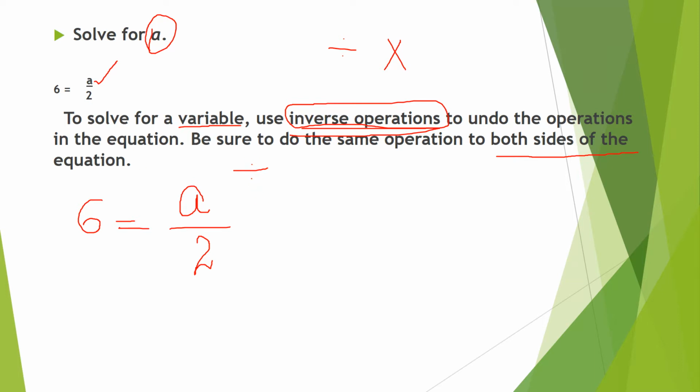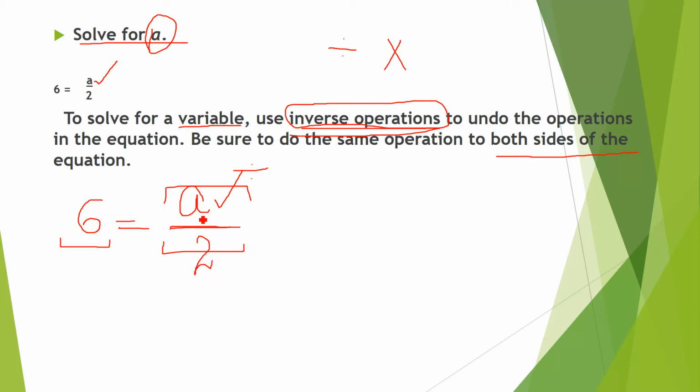So you have to find out the value of A. A is the variable and the question is solve for A. This is called the left hand side of the equation, and this is the right side of the equation. On your right side you have A divided by 2, and on your left hand side you have 6. So you have to find out the value of A. It is the variable, and see, this is the division line.